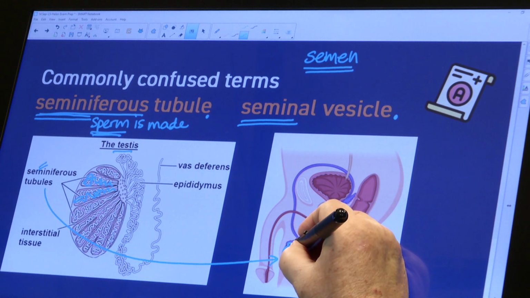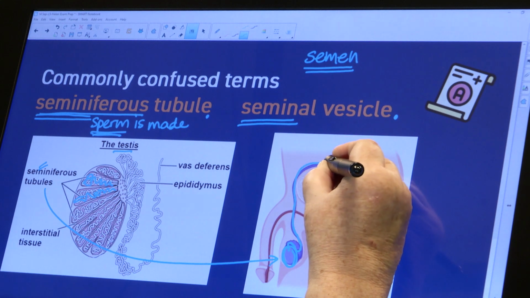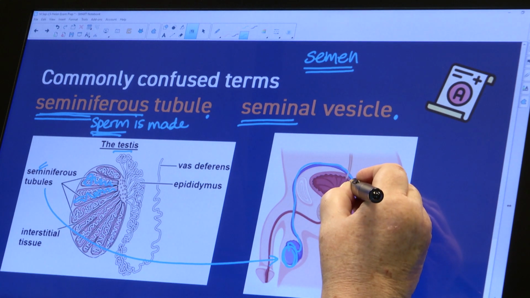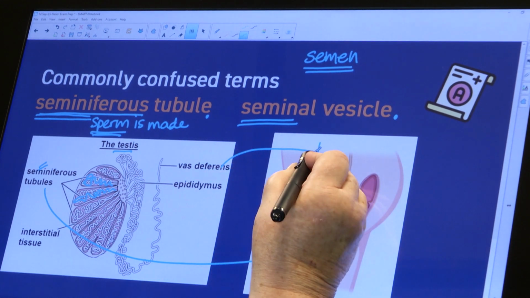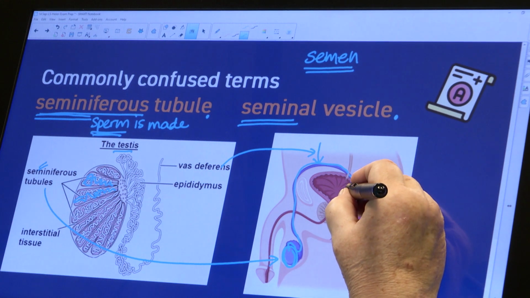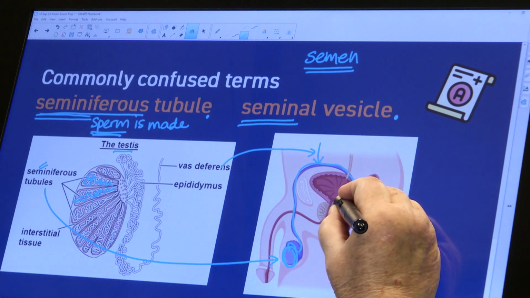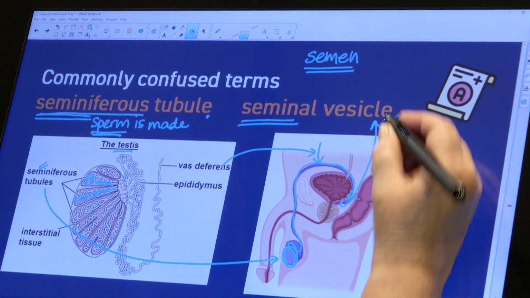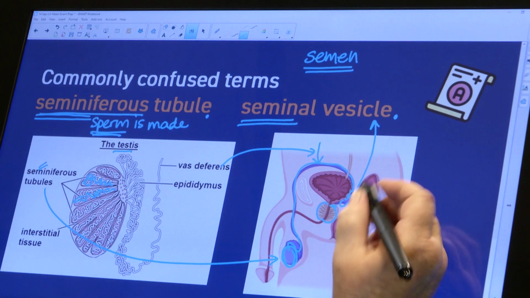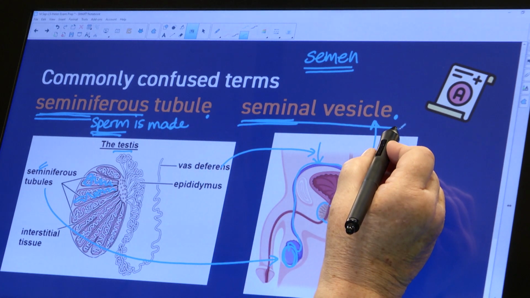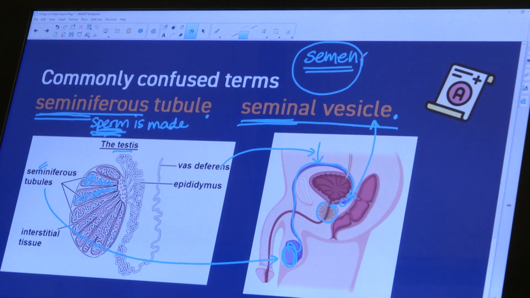But when the sperm is ejected from the testes, it's going to go via the vas deferens. There we go, via the vas deferens. And it's going to go on this journey where a seminal vesicle and a prostate gland and little Cowper's gland are going to add substances to the sperm to result in semen.